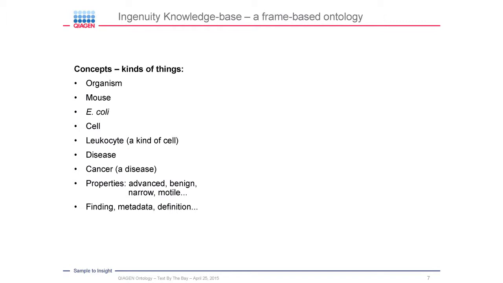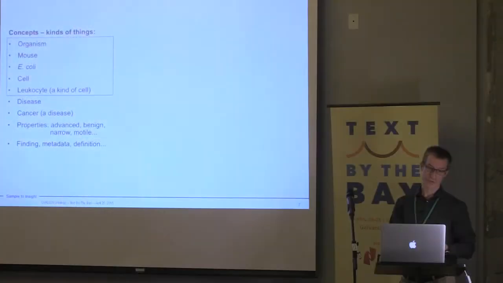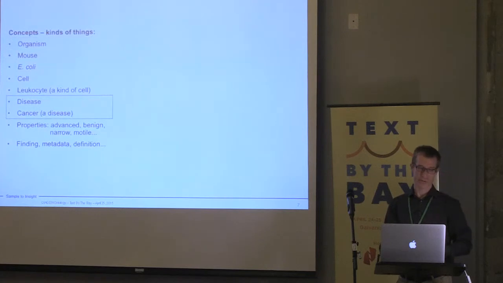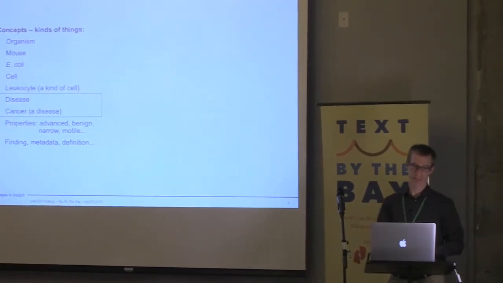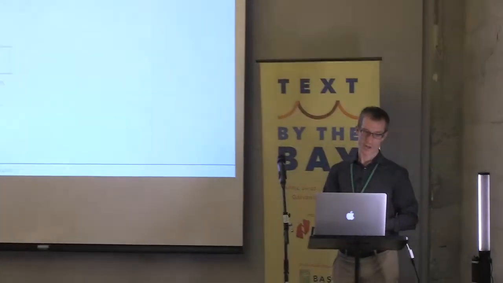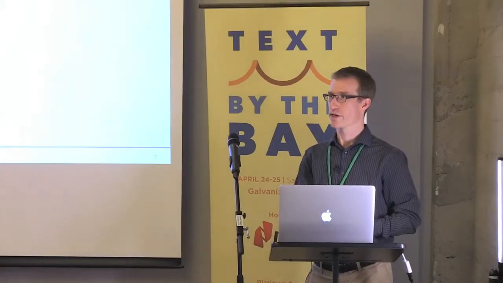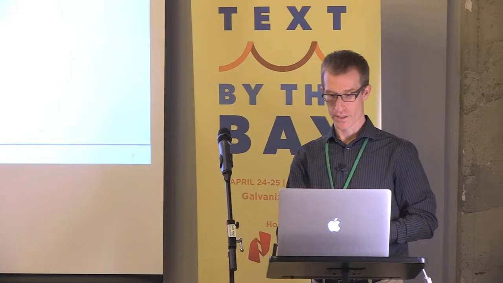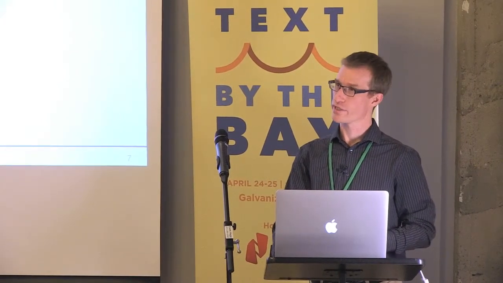Within the ontology, we have a variety of different kinds of concepts. We have physical things at a variety of scales. We have to be able to talk about what we call temporal things or processes, so diseases or other pathological processes, as well as just general biological processes.